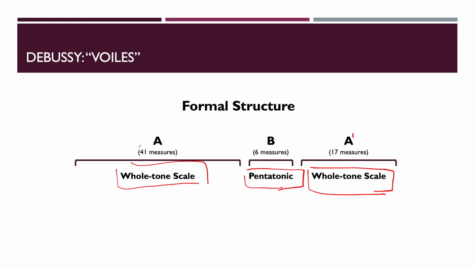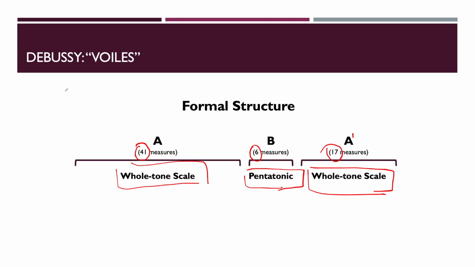And you see an unbalance between measure numbers. The first section is the longest, and then a very short contrasting section, and then 17 measures, the A prime section. This unbalance actually resembles conventional structures.